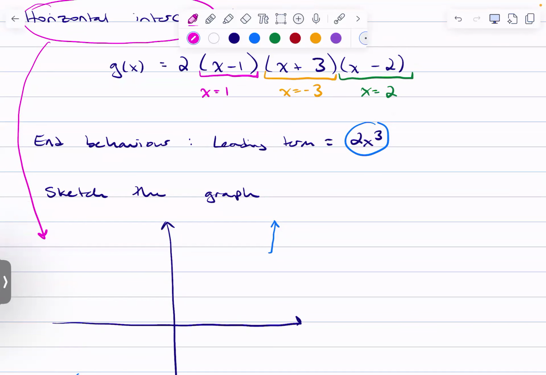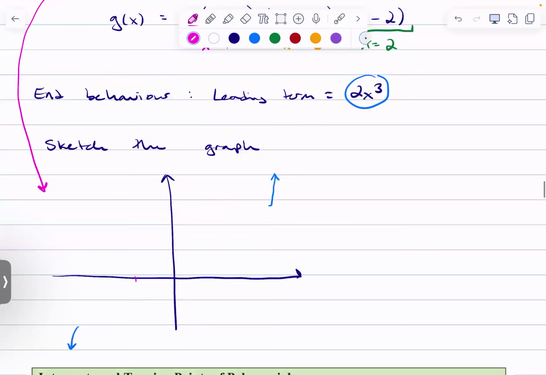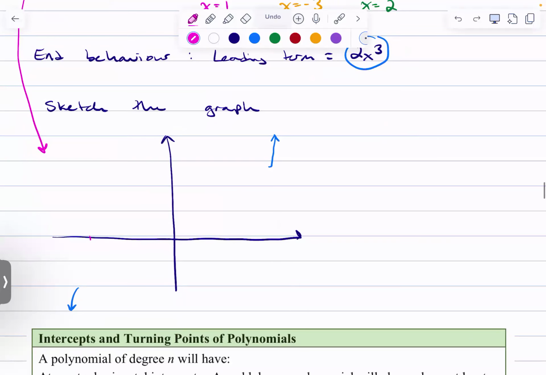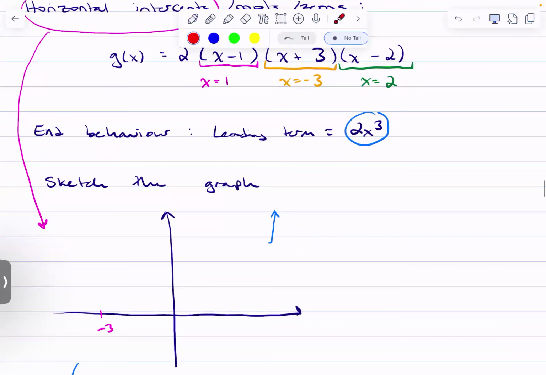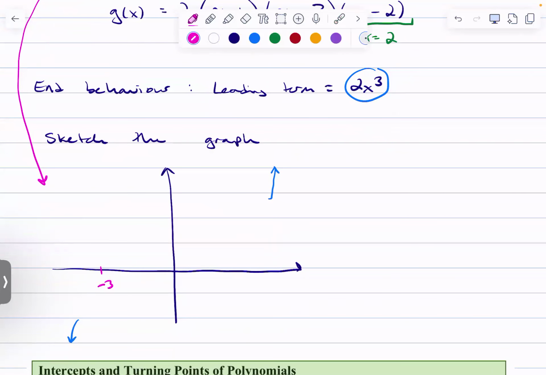Now we're just sketching this thing out. So roughly here at negative, or maybe I'll do it out here. Here, -3, then at 1, and then at 2. So roughly 1, roughly 2-ish. Right. We'd want graph paper or something to make it proper, but we're just getting an idea of this thing.